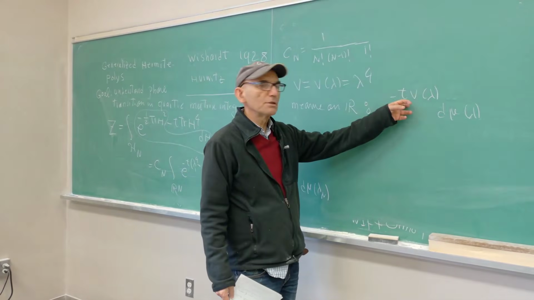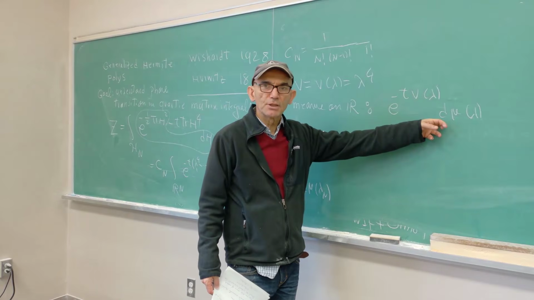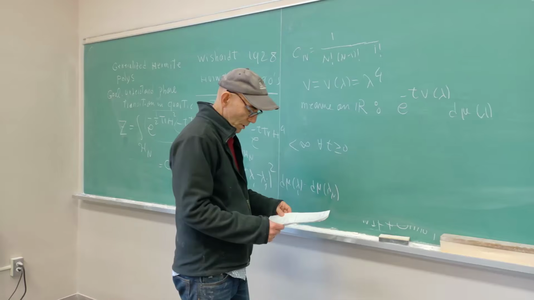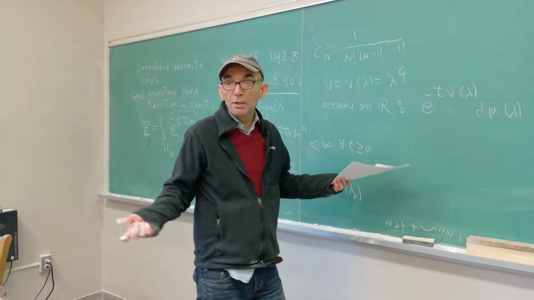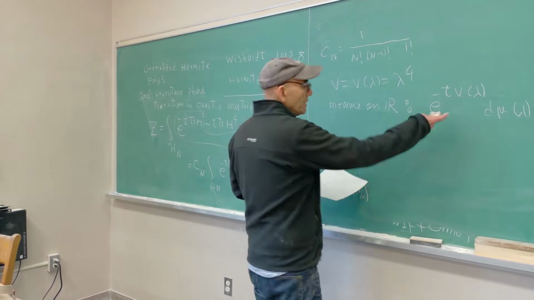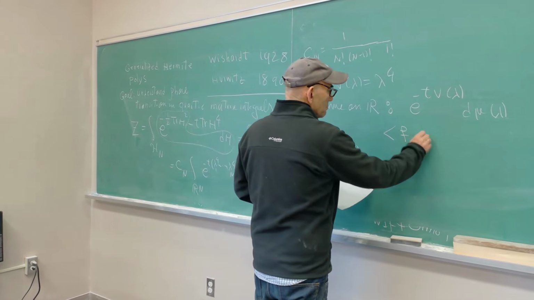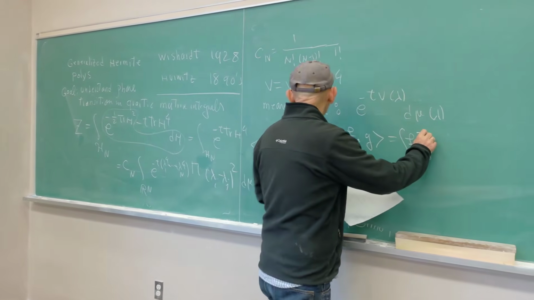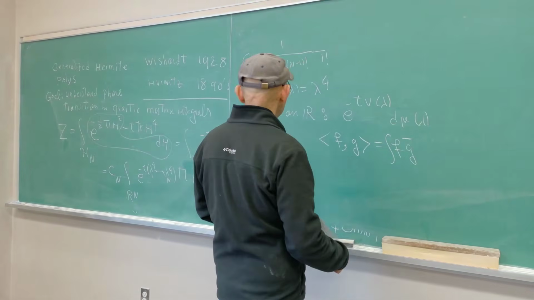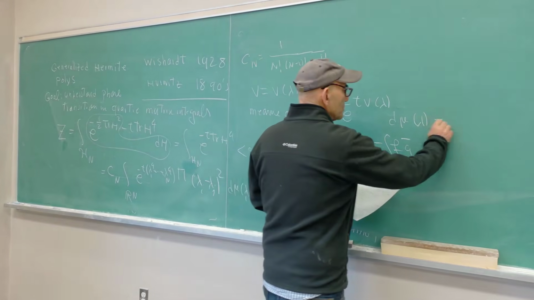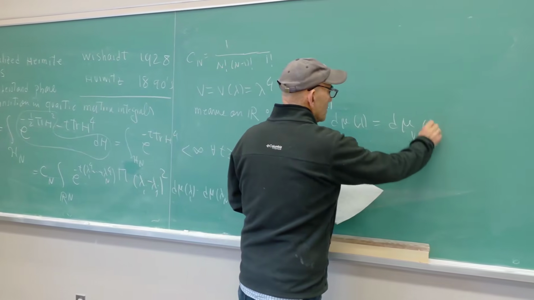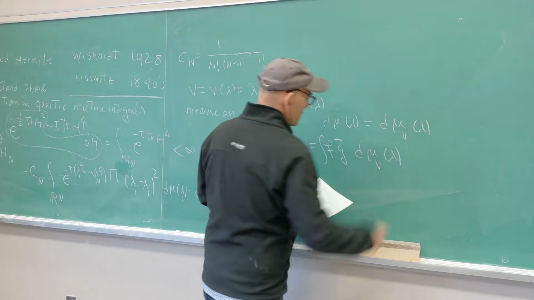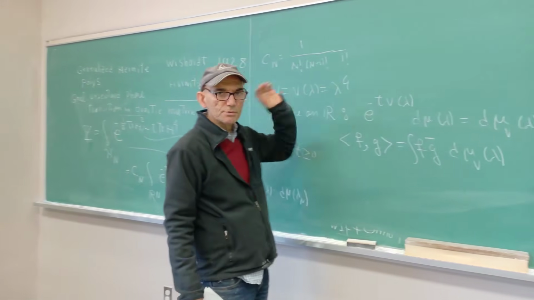For t equal to 0, we get the original measure that we put the weight on, but this is more general. Then we define the inner product with respect to this weight, f g bar, and the notation is d mu V lambda. It's a perturbed measure that takes into account the potential.